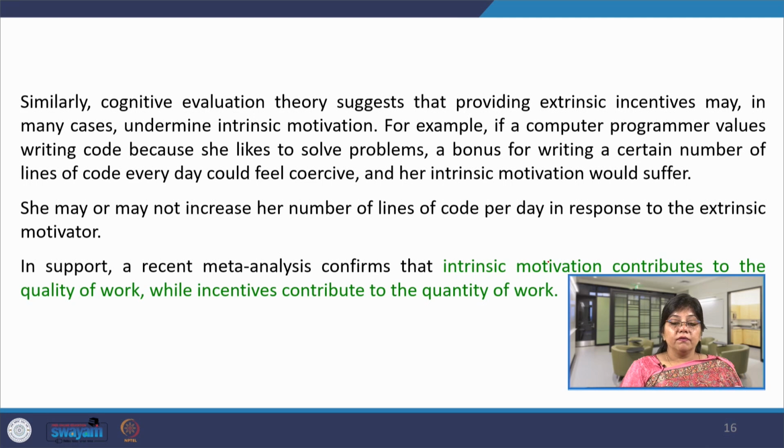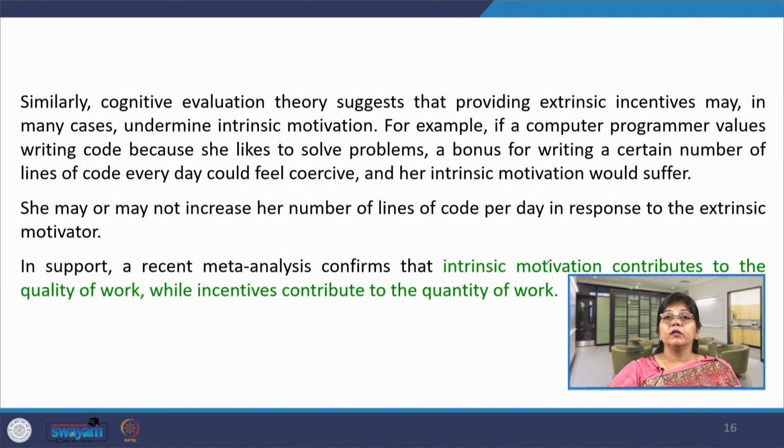Similarly, cognitive evaluation theory suggests that providing extrinsic incentives may in some cases undermine intrinsic motivation. For example, if a computer programmer values writing code, and enjoys writing code, then he can perform to any extent. But as soon as he is being paid for writing the code, his intrinsic motivation would suffer.